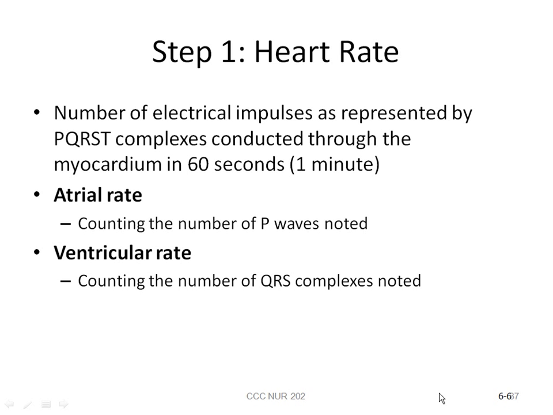So you'll take a 6-second strip, count the number of P waves, multiply by 10, and that will give you your atrial rate. For the ventricular rate, count the number of QRS complexes in that 6-second strip, multiply by 10, and that will give you your ventricular rate.